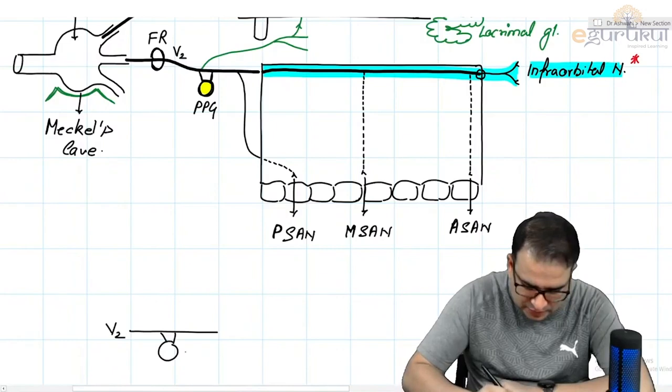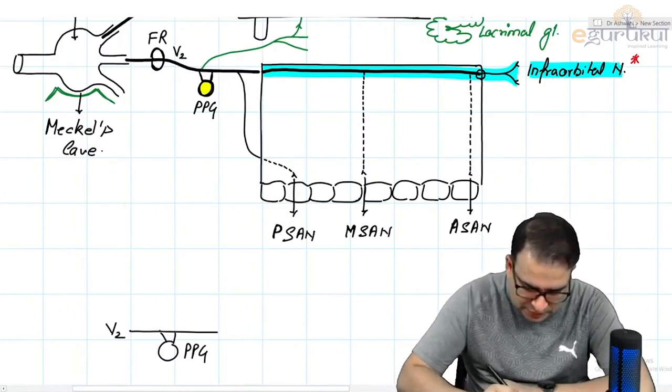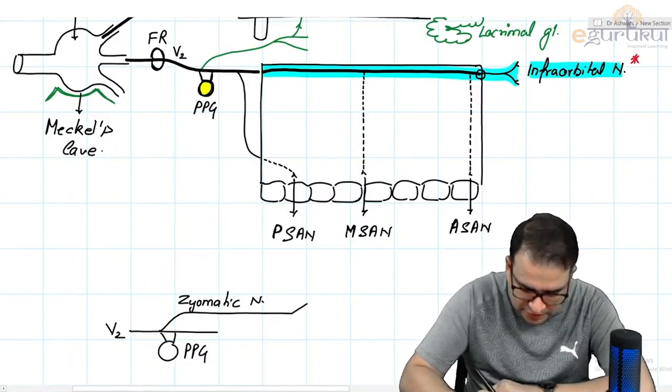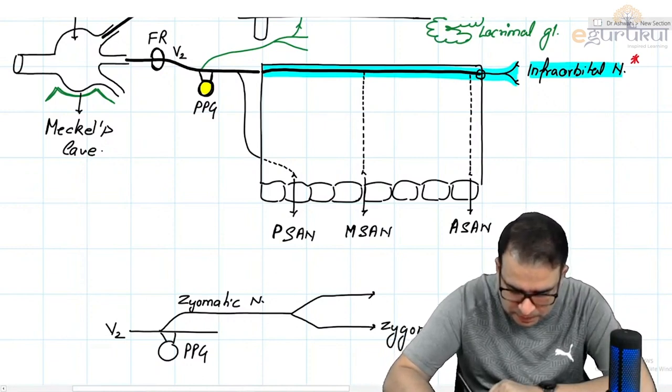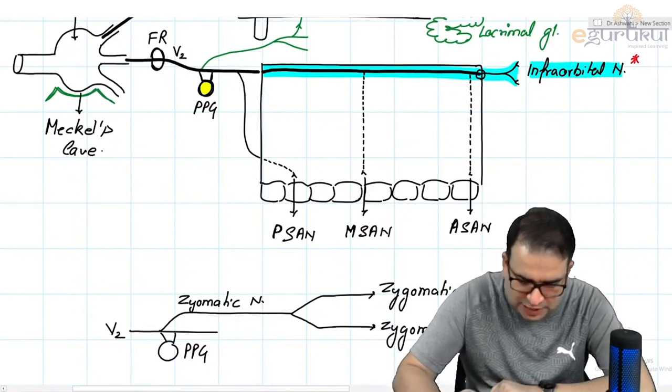So that is a maxillary nerve. This is a pterygopalatine ganglion. So we said from the maxillary nerve, a branch will come out that is called the zygomatic nerve. The zygomatic nerve divides into two branches, zygomaticofacial and zygomaticotemporal.